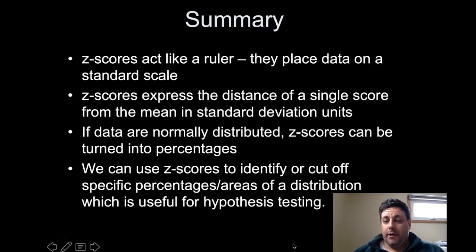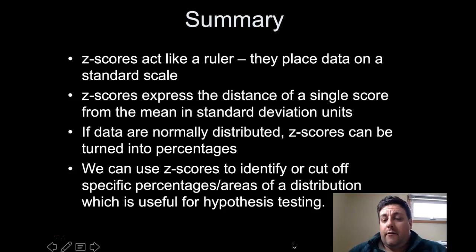And so the way we would do it is to convert them all to z-scores. And that would let us aggregate data from across studies into the same study. And that's the purpose of a meta-analysis. So it's like a ruler, it places data on the same standard score.